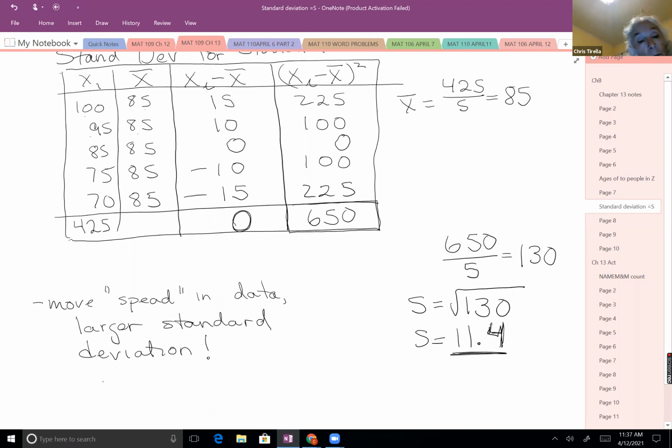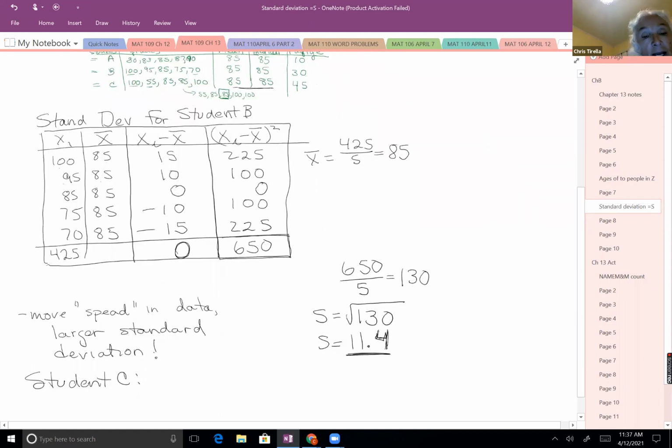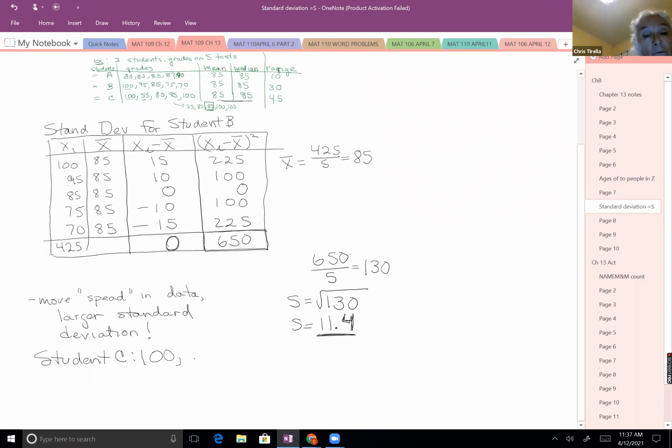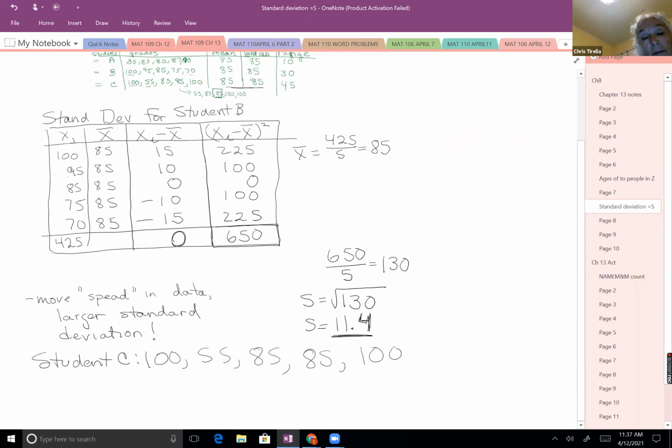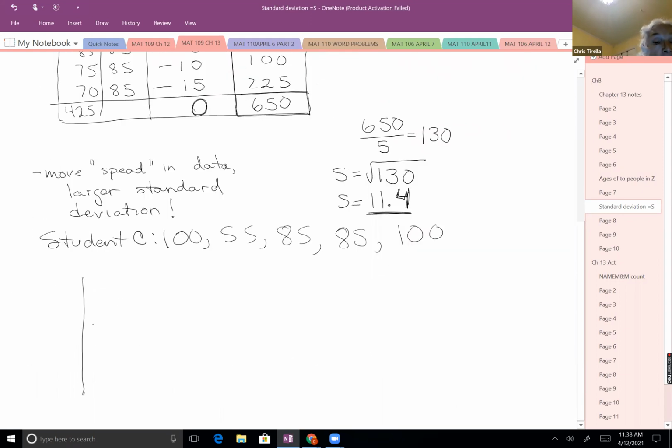And so we haven't looked yet at student C, and student C's grades were 100. Well, let's shrink this just for a second. 100, 55, 85, 85, and 100. And just because I want to make sure you guys got this process down, I'm going to ask you to please find their standard deviation.